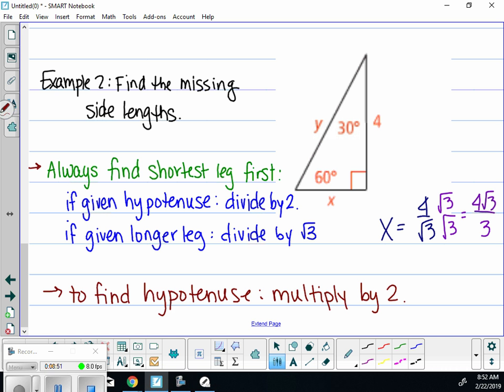So we were given the longer leg. We divided by the square root of 3 to get our shortest leg. To find the hypotenuse, we just take this 4 square roots of 3 over 3 and multiply by 2, which all that's going to do is double the number out front. 8 square roots of 3 over 3.